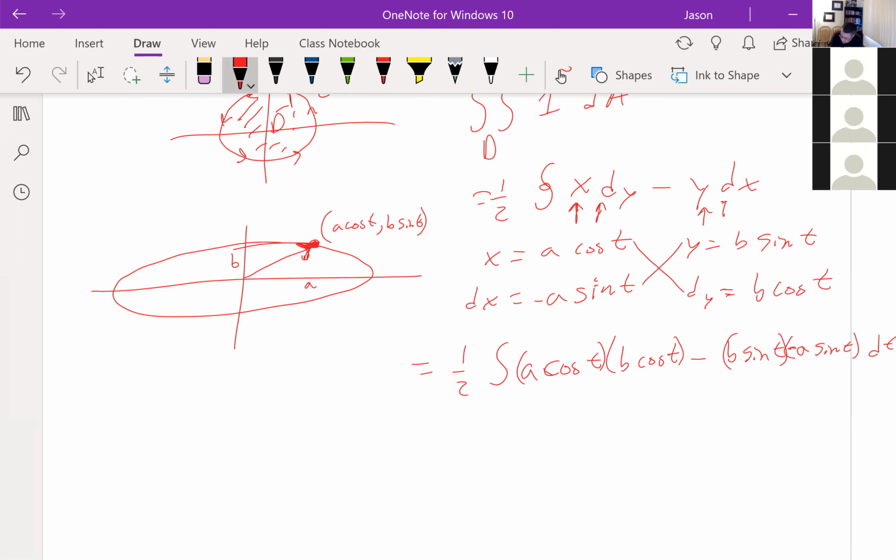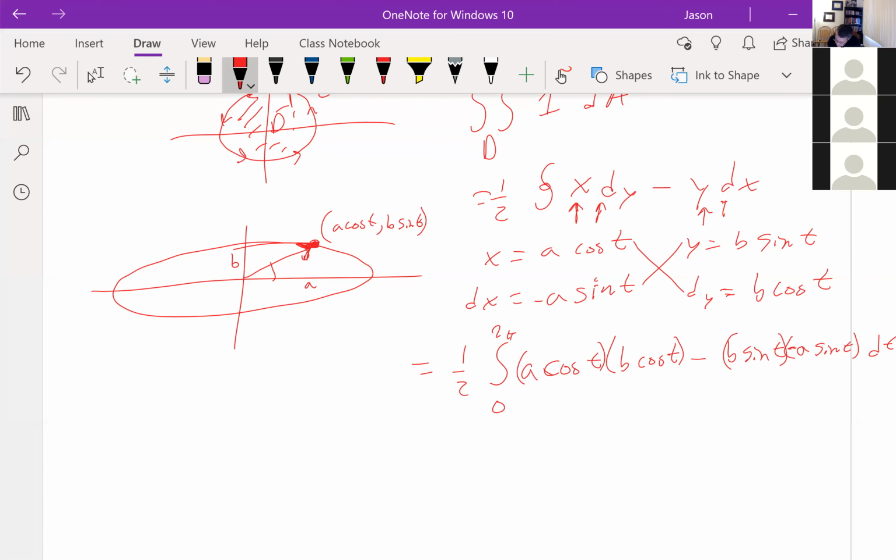And what are the limits of integration on t? Well, t is now an angle, and the angle is going to go all the way around the ellipse from 0 to 2 pi. Positively oriented, 0 to 2 pi.